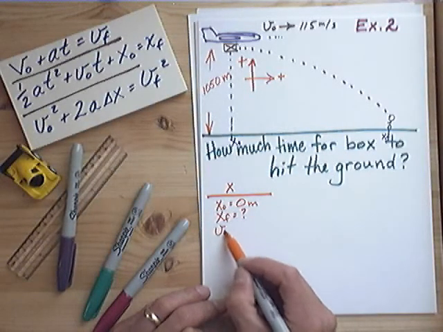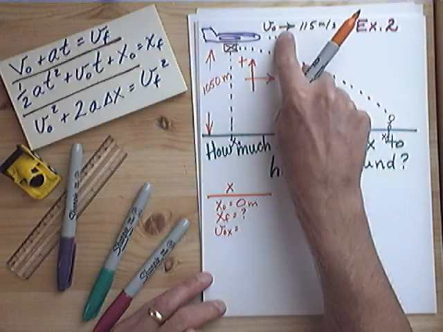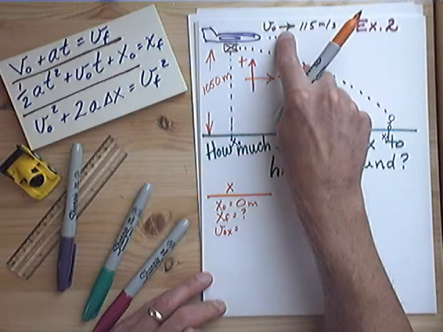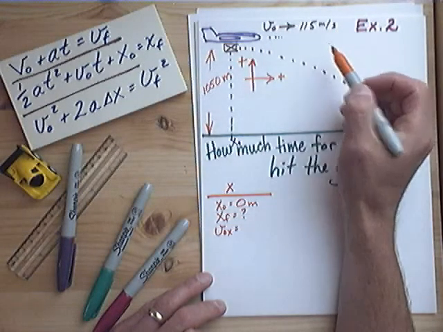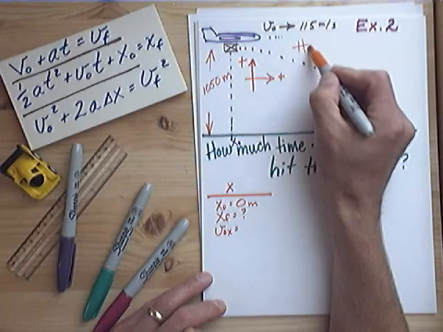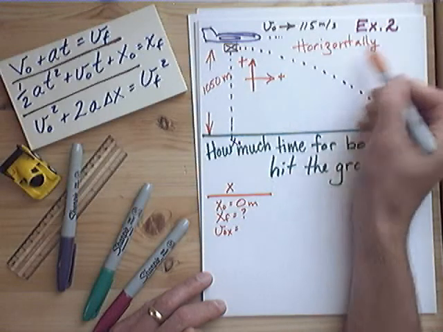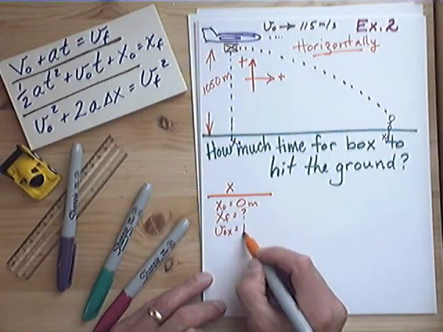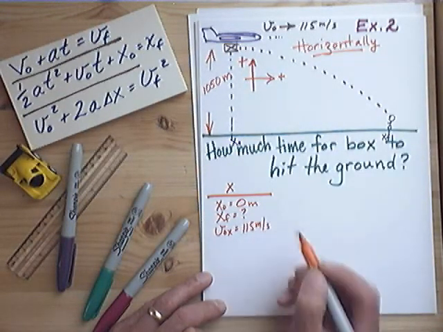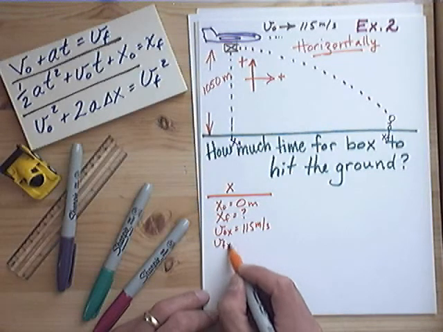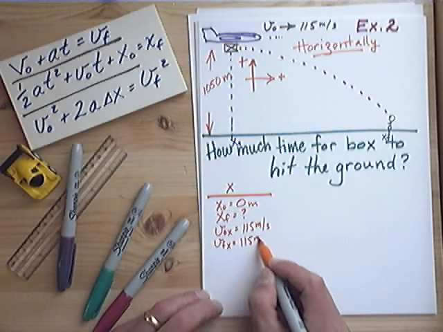My initial velocity in the x direction is the initial velocity of the plane, because according to the example, it is moving horizontally. So, it's 115 meters per second. My final velocity in the x direction is the same.